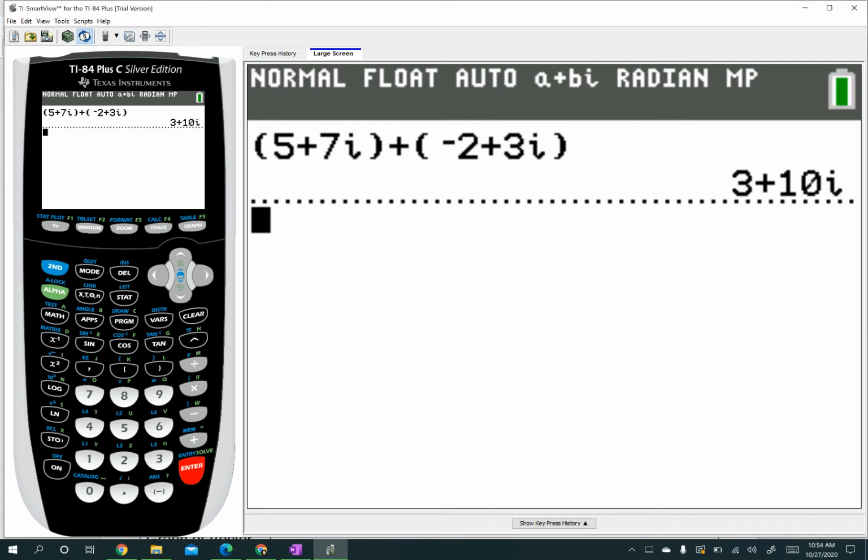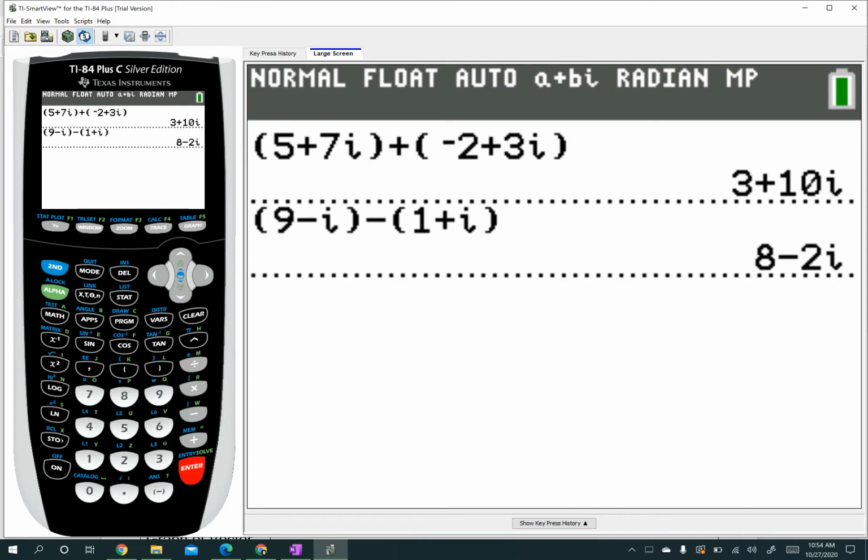So the next one is parentheses 9 minus I minus parentheses 1 plus I. So your answer is, it would help if I put in the right problems. Sorry about that, y'all. So this problem should be, let me fix this problem here. I'm going to pull it back up here. 9 minus I, and it should be 4 plus 6I.